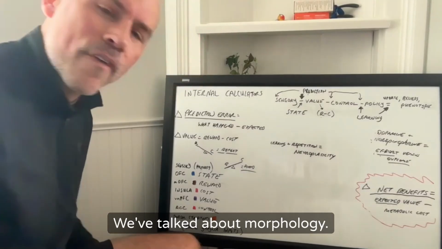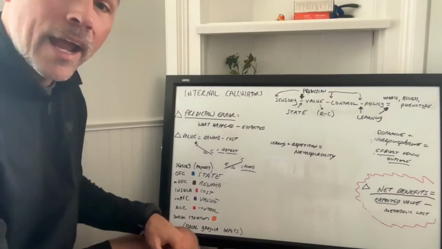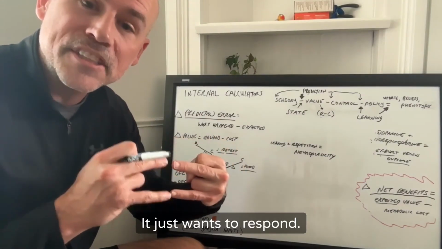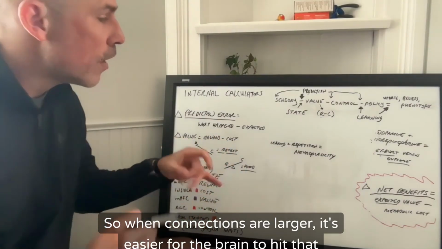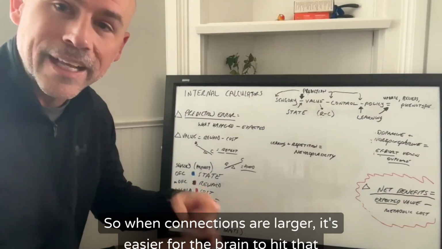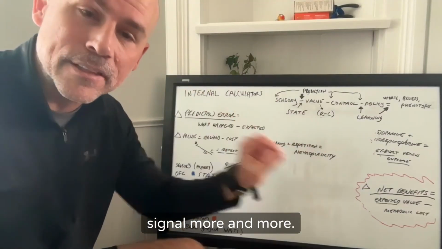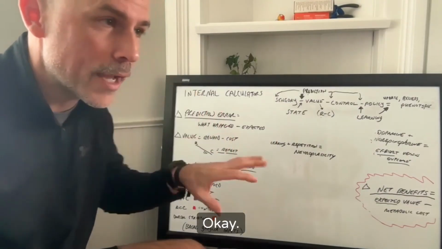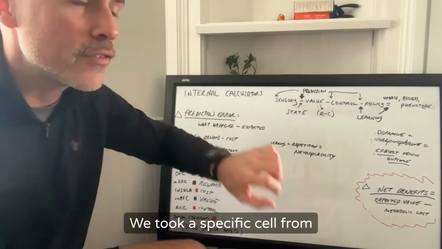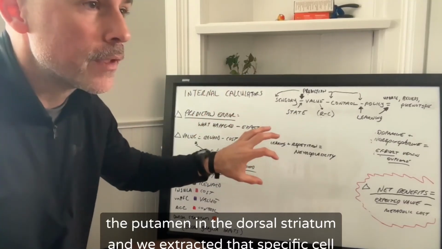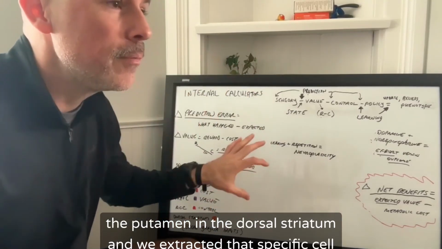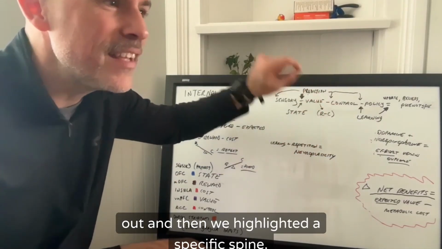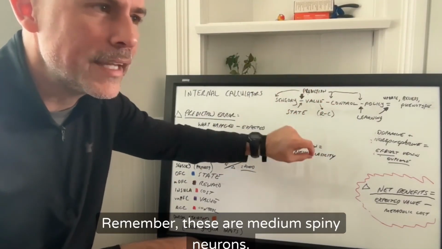We've talked about morphology. It's a strengthening of connections. The brain doesn't want to work, it just wants to respond. So when connections are larger, it's easier for the brain to hit that signal more and more. Remember, we drew this out with the OCD and the basal ganglia, okay? We took a specific cell from the putamen in the dorsal striatum, extracted that cell out, and then highlighted a specific spine. Remember, these are medium spiny neurons.